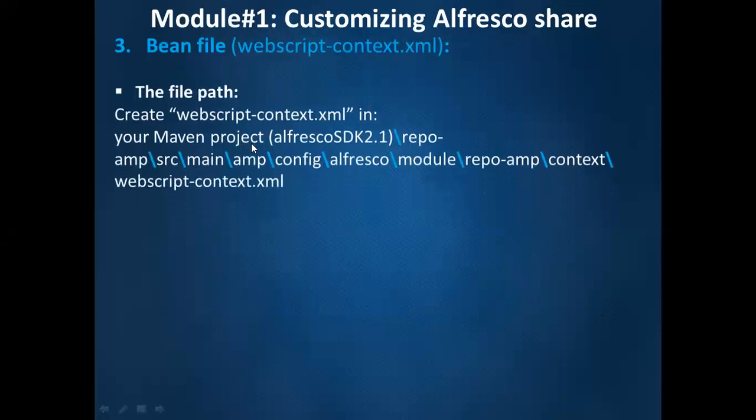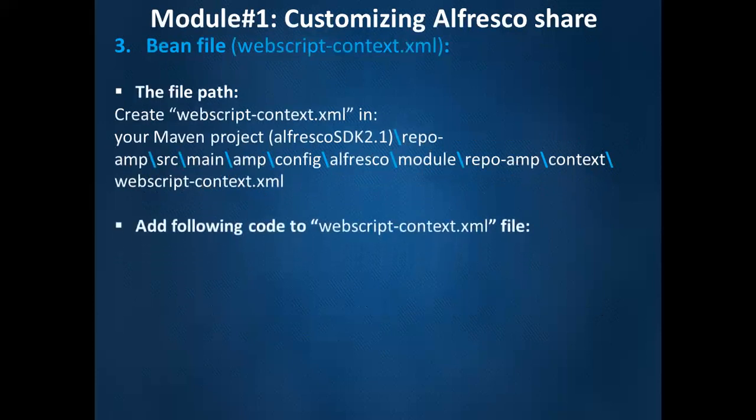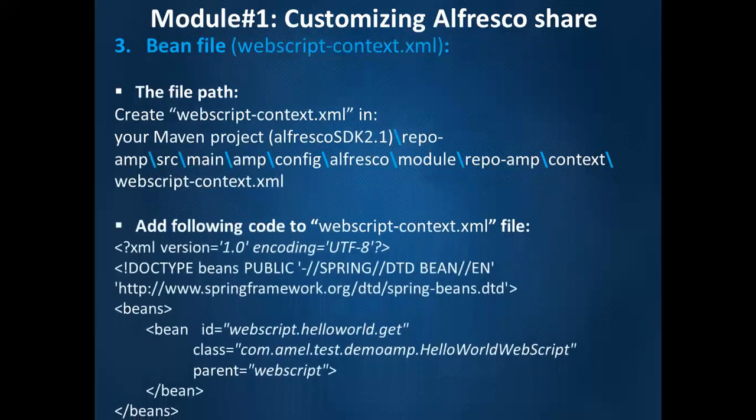You go to your project name, after repo imp, src, main, imp, config, alfresco, model, repo imp, context. Inside the context, you will find this file, webscripts-context.xml. Which code should you write inside? So this is the code.